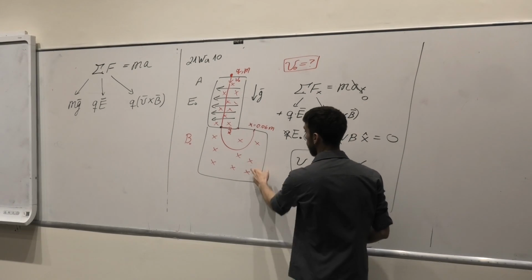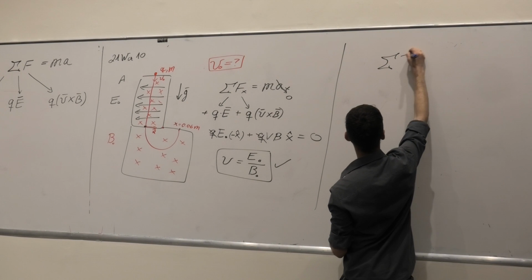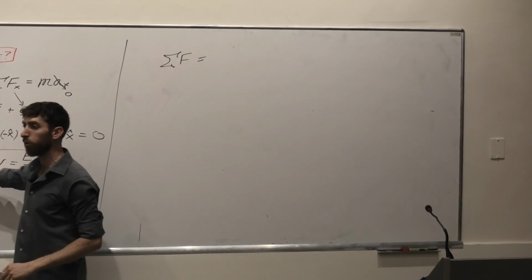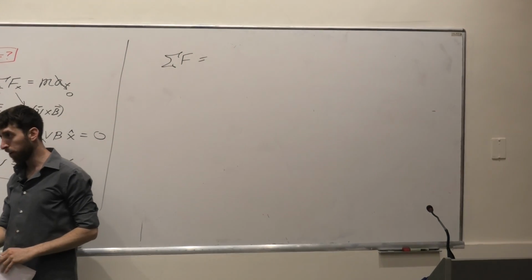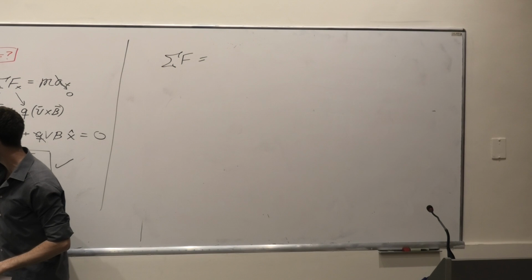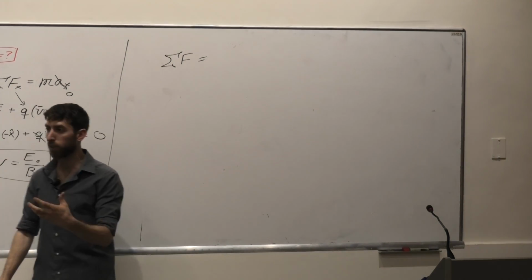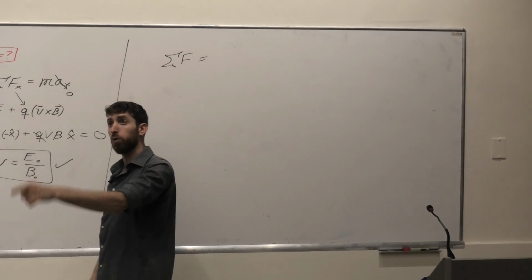So cameraman, follow me. So let's check what's going on in this region. Okay? So in this region, what kind of trajectory am I going to do? A circular one, right? So you see this path? So usually when a particle comes with a velocity and enters a region of magnetic field, it's going to do a trajectory of a circle.